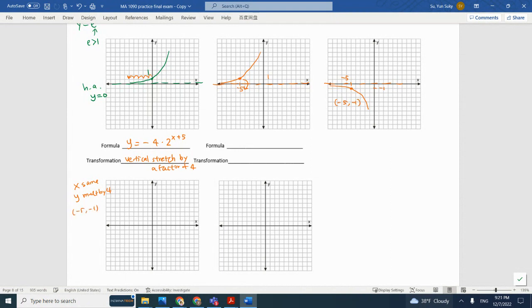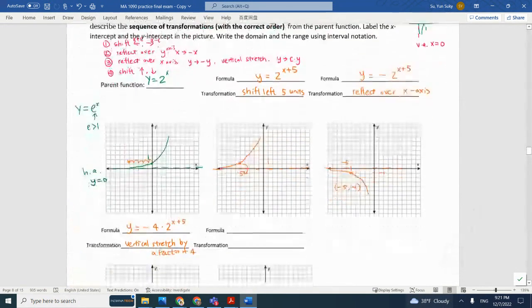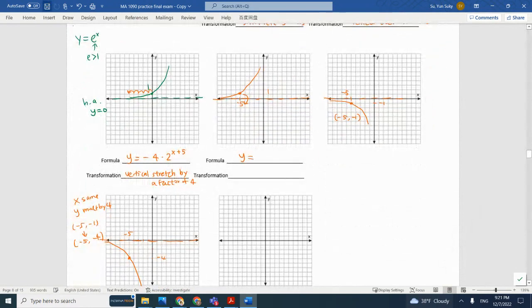The x remains the same, but the y is multiplied by 4, so (-5, -4). So it changed to this point. Everything else remains the same, so we still have the horizontal asymptote y equal to 0. Finally, what do we have? Shift up or down? See? F of 3, so shift up.